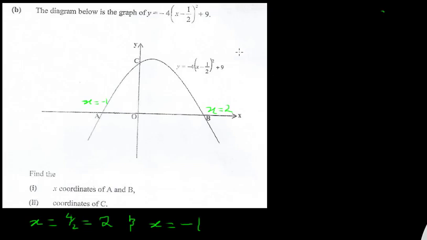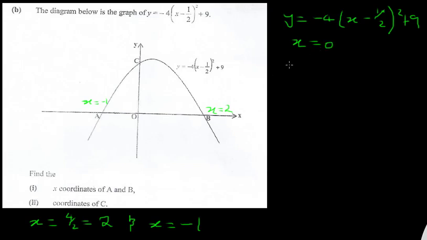Okay, let's look at part 2. Part 2 is asking us to find the coordinates of C. So let's rewrite the equation first. y equals minus 4, x minus 1 over 2 squared plus 9. And for C we know that at C the value of x is 0.